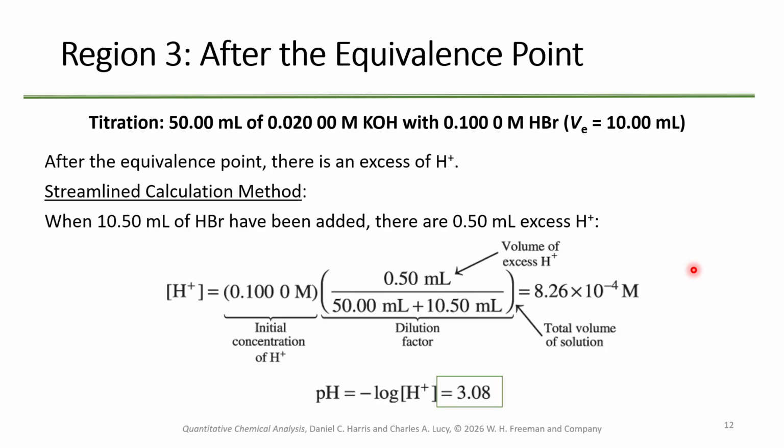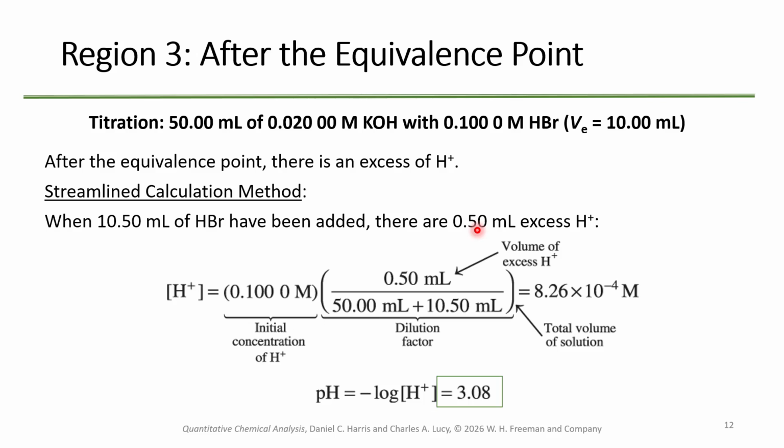So what happens after equivalence points? Well, you just have excess base, don't you? Okay, so whatever you're titrating with, you're going to have excess of that. And so, for example, in this case, after equivalence point, we're going to have an excess of 0.5 milliliters of that HBr in this case.